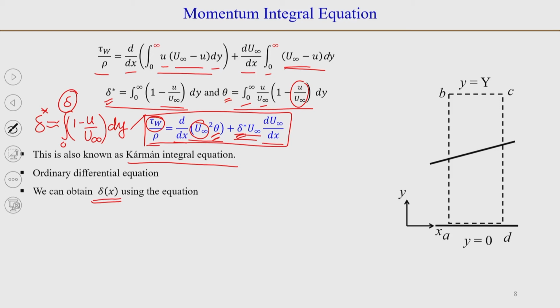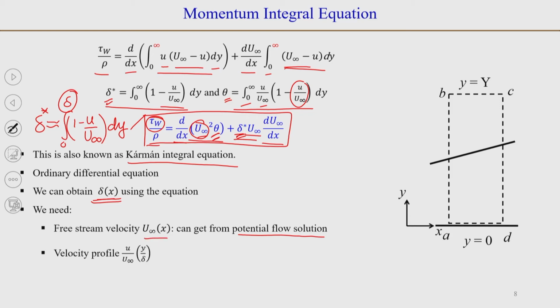Now, if we want to find delta x, we need to know u infinity first, which is easier because u infinity is the velocity in the outer region. So, we can use the potential flow solution to find the variation of u infinity with x.